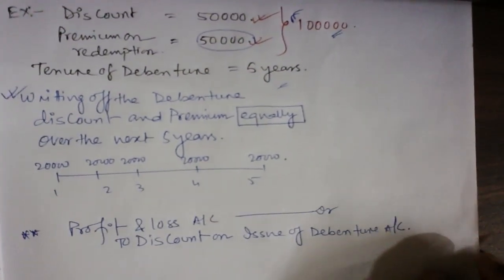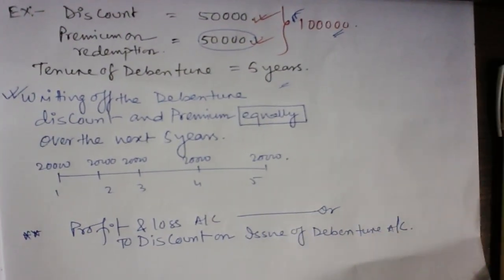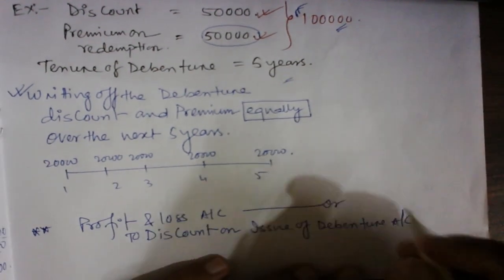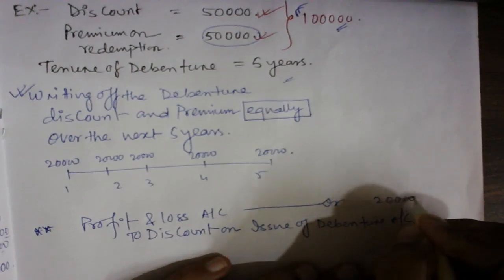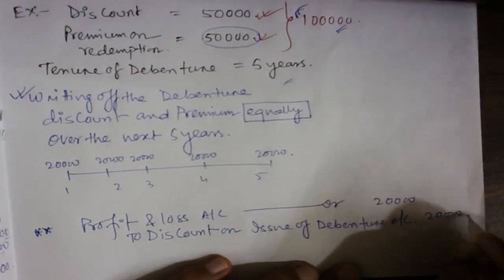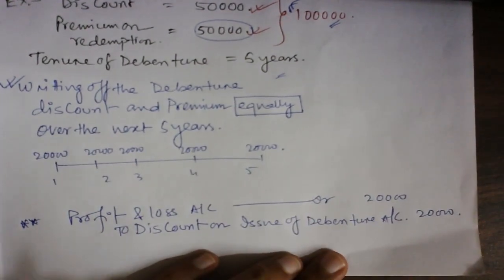Profit and loss account debit to discount on issue of debenture. ठीक है? Profit and loss account debit to discount on issue of debenture. So this is the journal entry you have to make each and every year at the end of the year. And amount कितना होगा? 20k. Every year 20k. This is the final journal entry you have to make every year.